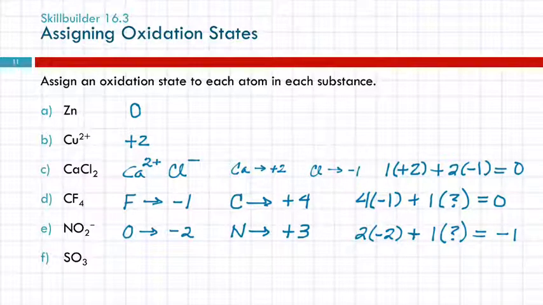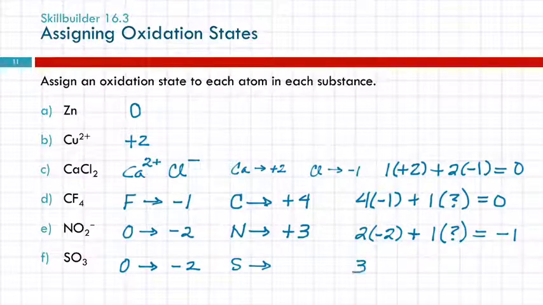So SO3, who gets what they want, sulfur or oxygen? Oxygen. Because of priority, oxygen comes before sulfur in group 6. So what does oxygen want? -2. And so then the sulfur is going to have to pick up the slack.